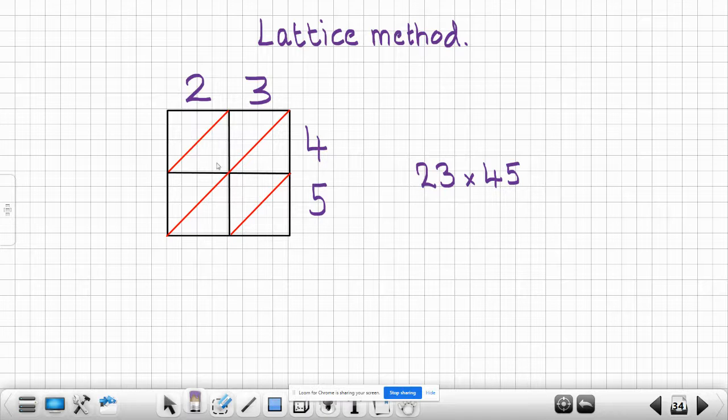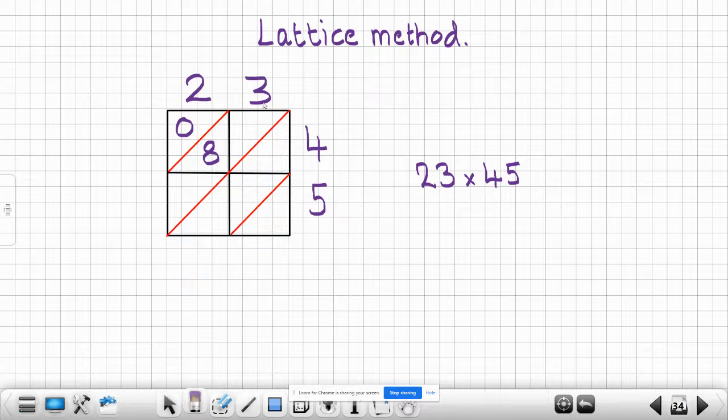So now we come to this first box and we look above and to the side and we're going to multiply 2 times 4. 2 times 4 is 8. And what we do is the tens go at the top. So there's no tens, so I'm going to put a 0. And the units go at the bottom, so I'm going to put an 8 there.